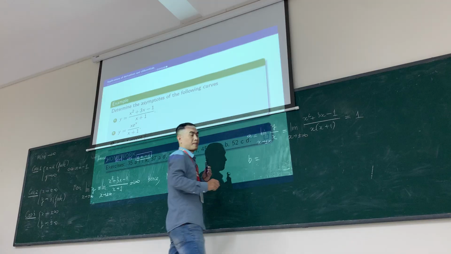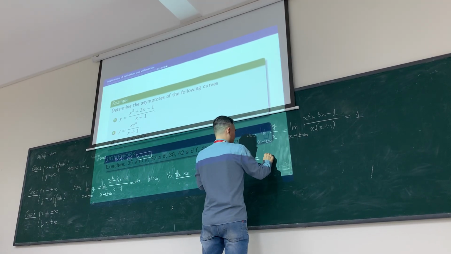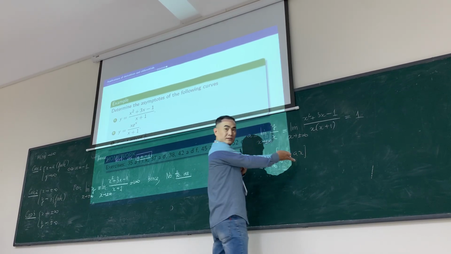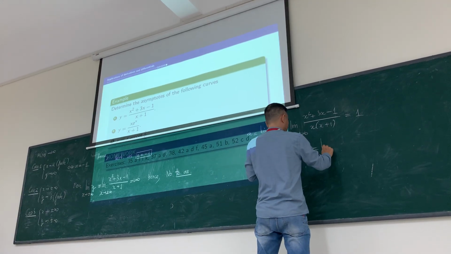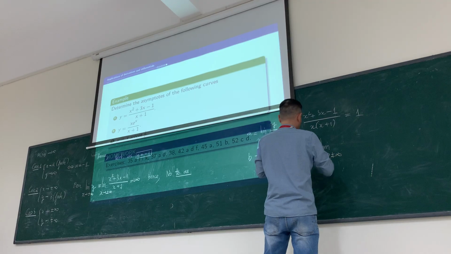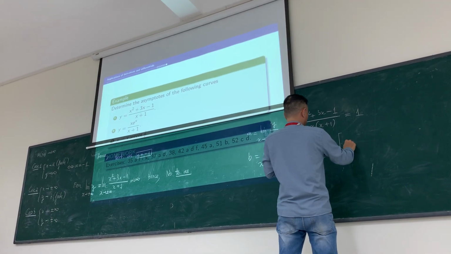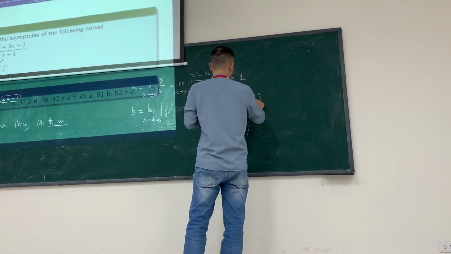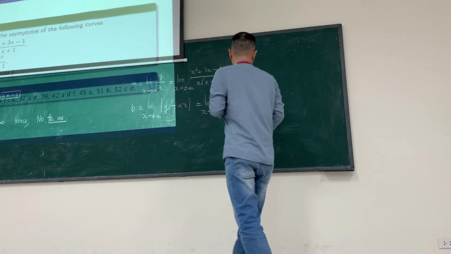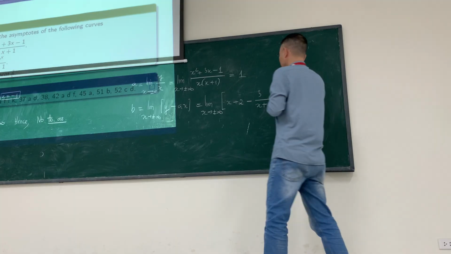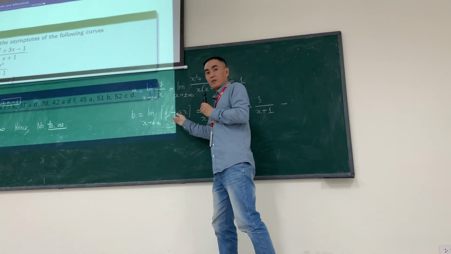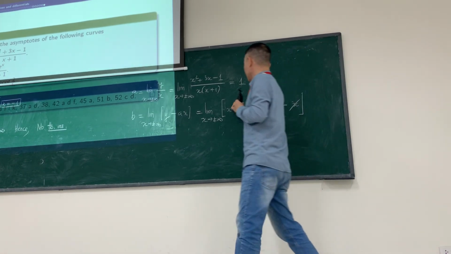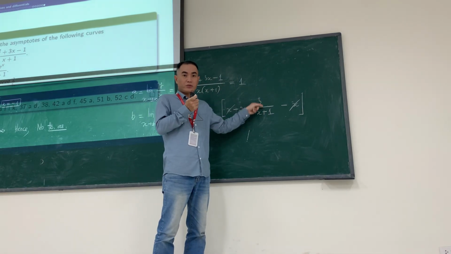B equals the limit as x tends to infinity of y minus ax, which is the limit of x plus 2 minus 3 over x plus 1 minus x. The term 3 over x plus 1 goes to 0 when x tends to infinity.